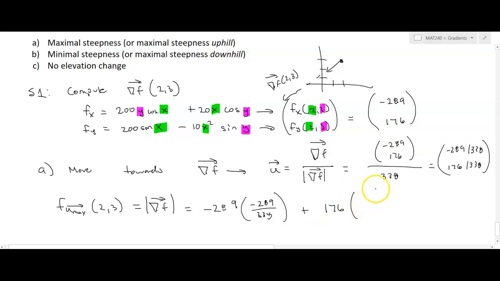We want to go north because that helps us gain elevation, 176/338 miles in that direction to be exact. And not surprisingly, we get 338 feet of elevation per 1 unit in the direction of the gradient of f. So that's the maximal steepness that we can walk. If we go in the direction of the gradient, we'll achieve the fastest change in elevation.